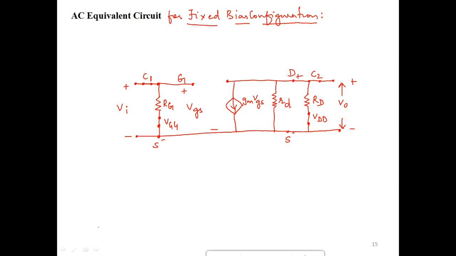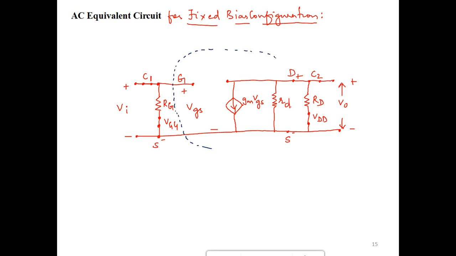Just to clearly differentiate between the things, let me choose a different color so that I can very clearly represent it. Which is the core JFET AC equivalent model?